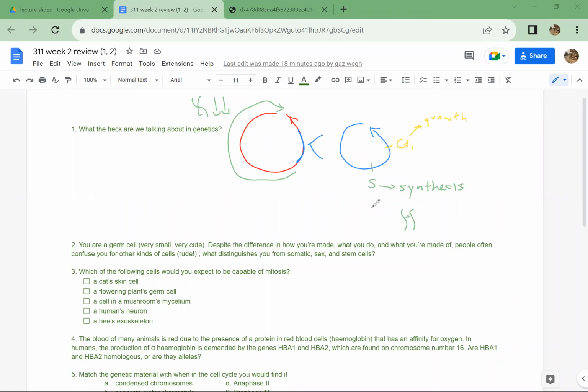And so that's what the S phase is. It's synthesis. We synthesize a duplicate of this original chromatid. And these two chromatids together are called sister chromatids. They're sisters to each other.